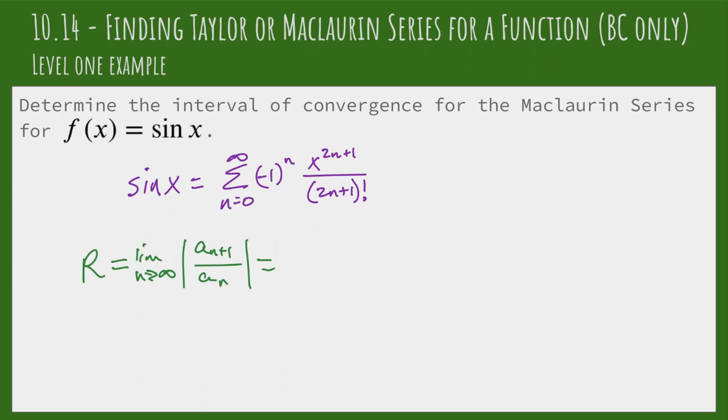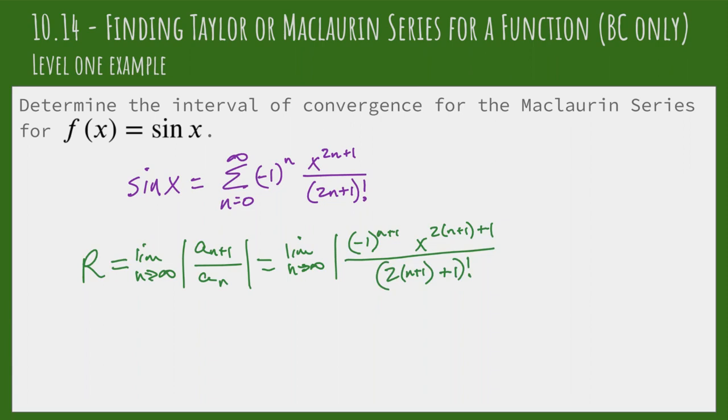So the n plus first term, so we've got absolute value. I'm going to do the n plus first term as -1 to the n plus 1 times x to the 2 quantity n plus 1 over 2 quantity n plus 1 factorial.